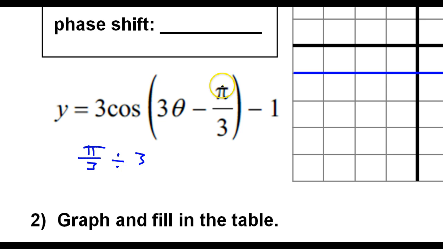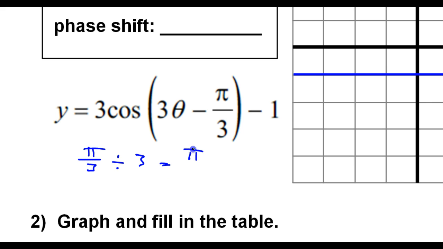You have to take this divided by the b value. When you're dividing a fraction by a single number, the number just joins the denominator. So I know it's going to be pi over 9.